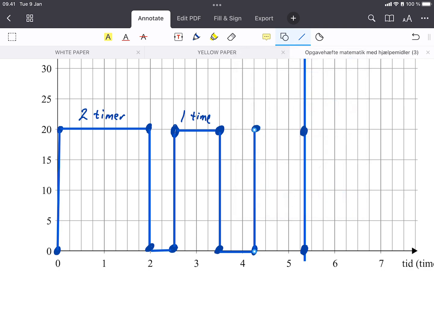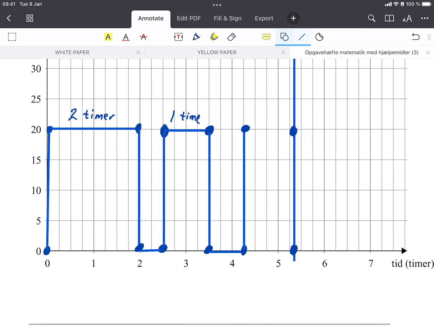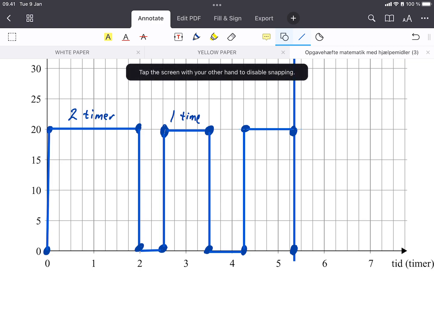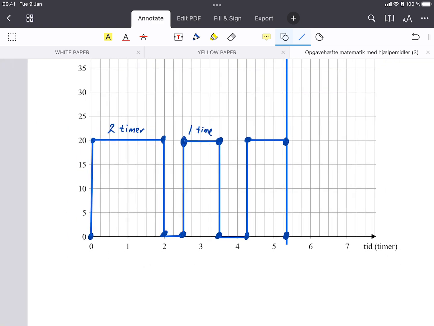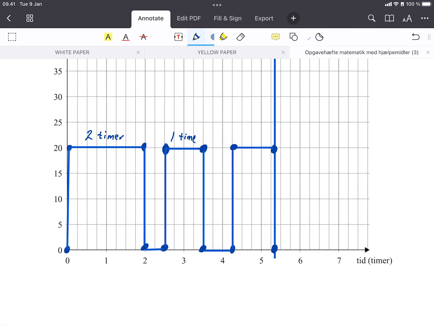And cycle there. So 1 hour and 8 minutes.